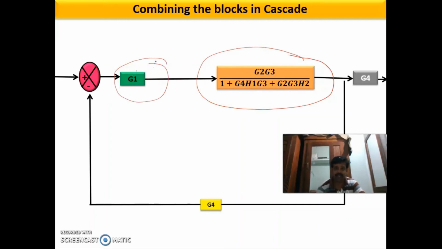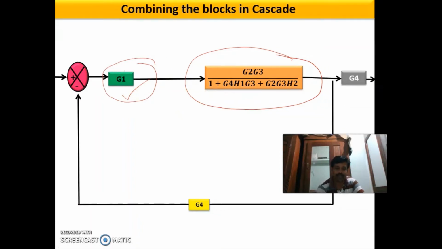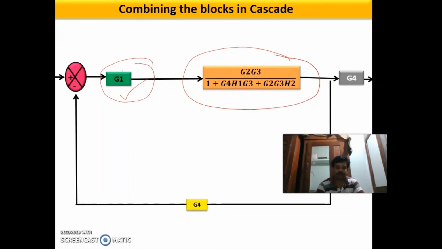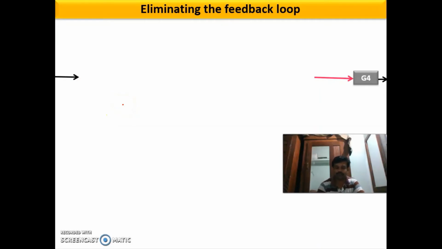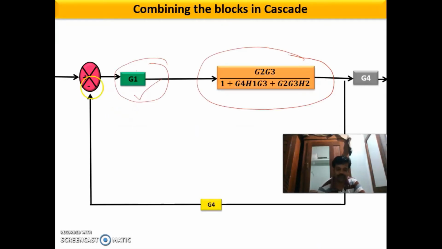Now while analyzing this figure, you understand that you are having two blocks, G1 and this block, in series. So while combining these two blocks, you'll be getting G1 G2 G3 divided by 1 plus G4 H1 G3 plus G2 G3 H2.